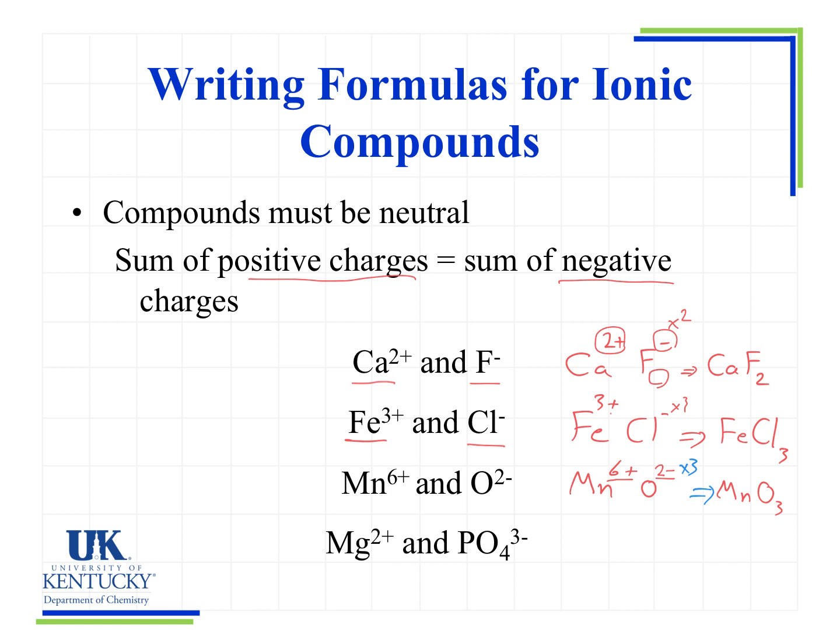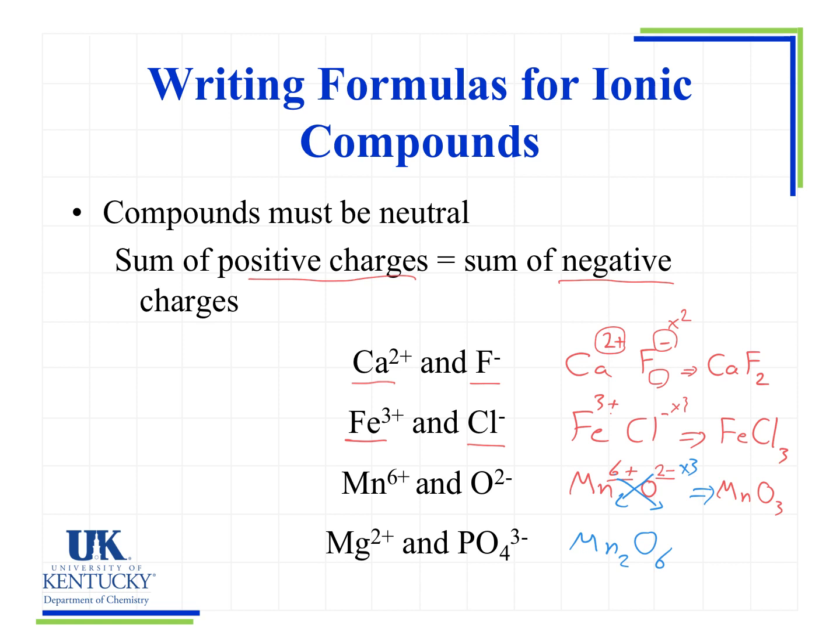There is also a simpler way to do that. If you cross these charges to the subscripts, Mn gets the 2 and O gets the 6. But if you remember, when we were talking about ionic compounds, we said there is no molecule, so we write the empirical formula for ionic compounds.